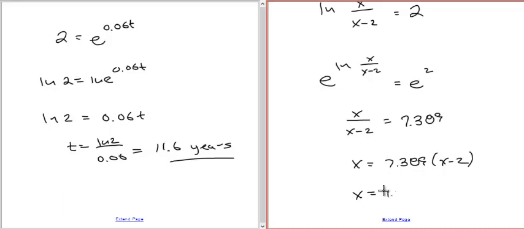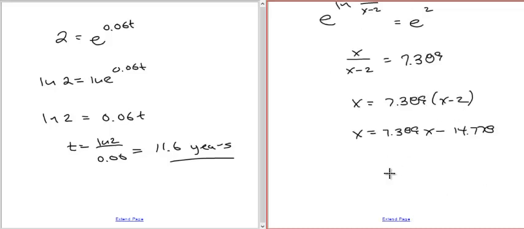Multiply that out, so you get 7.389x minus 14.778. That's this times 2. And then you subtract this from both sides, so you get negative 6.389, since 1 minus 7.389 is negative 6.389.